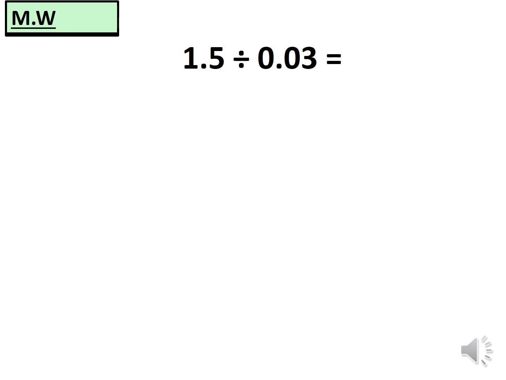Can you please pause the video, and once you're finished, come back and I'll go through it myself. Welcome back. This number here has 1 decimal place value because it has 1 number after the decimal point, and this one has 2 decimal places because it has 2 numbers after the decimal point.